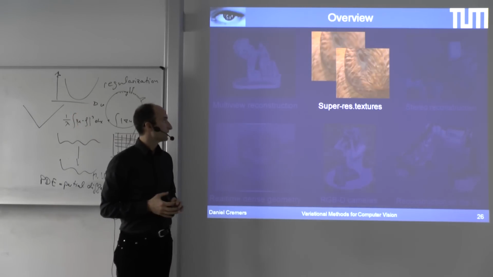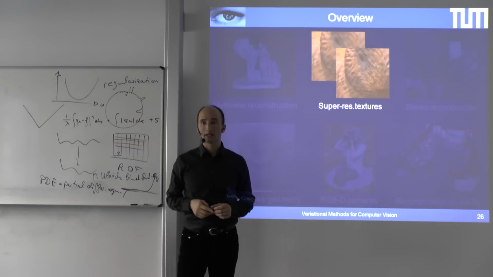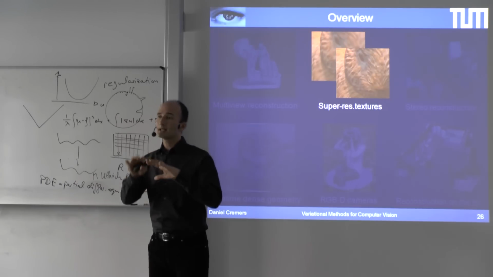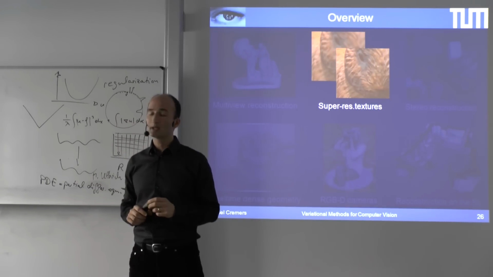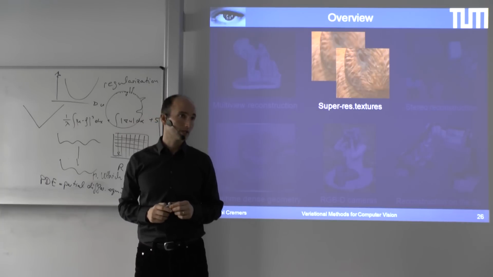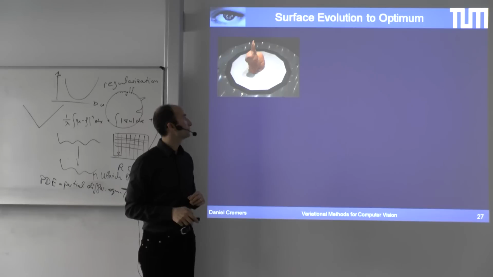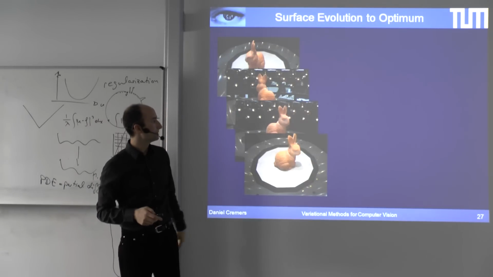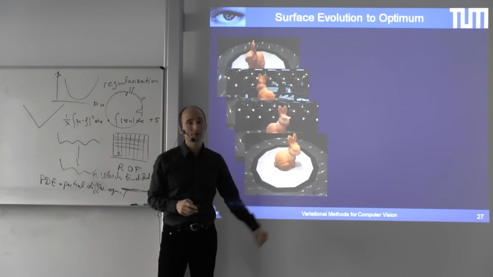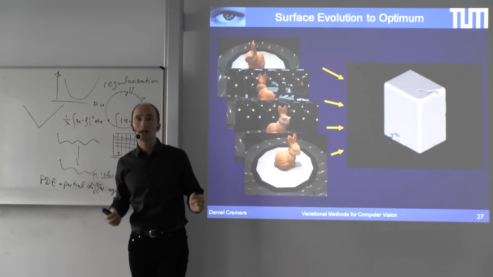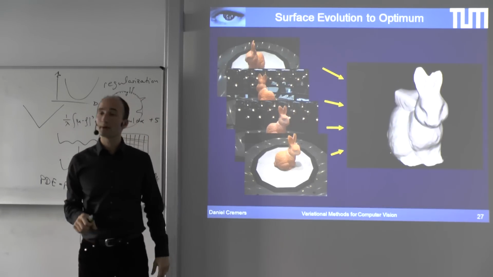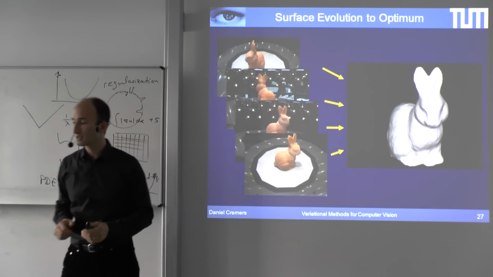Next thing that you can do with variational techniques is you can not just estimate geometry, but you can estimate the color on the objects. So here, for example, I showed you we can take images and then we can reconstruct the object by minimizing the energy, and this is actually a gradient descent. What you see here is a gradient descent.